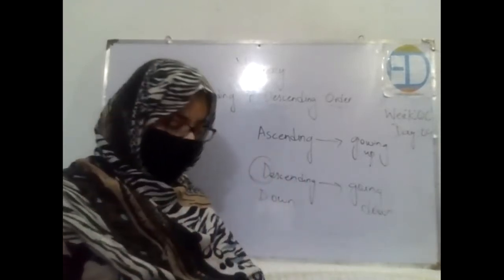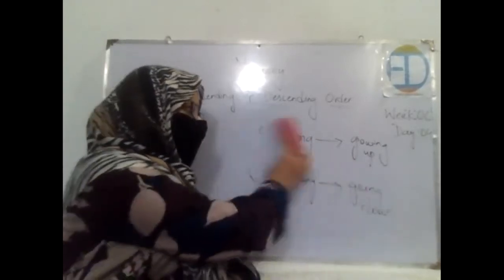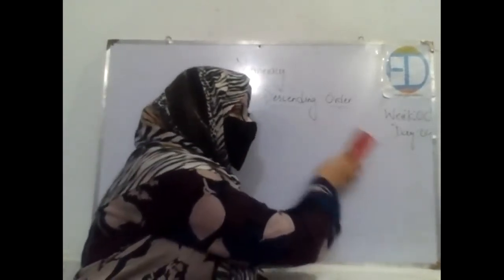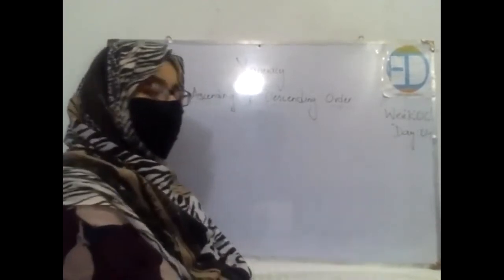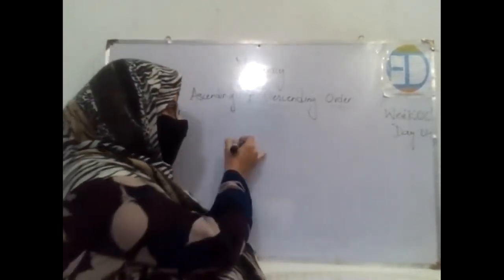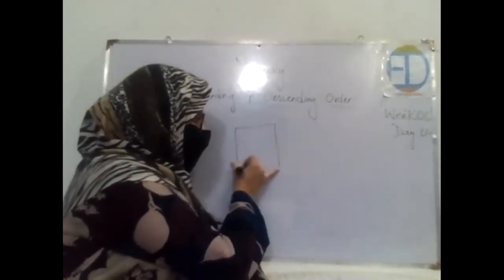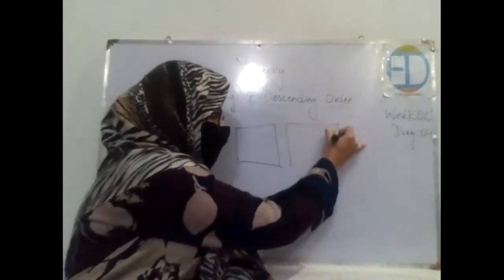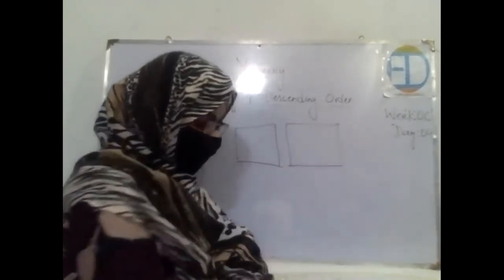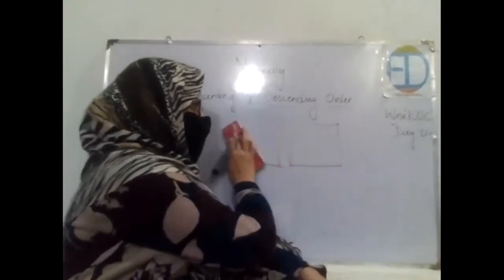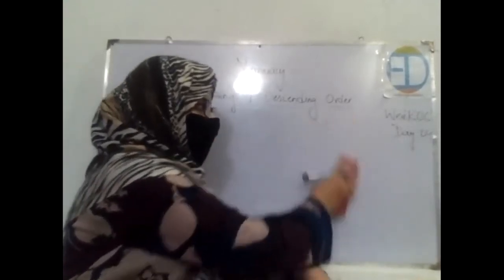Okay. So now, before starting the practice exercise in your book, there is this small activity for you that you are supposed to do. Here I am placing some boxes. Okay, let's make them a little smaller.